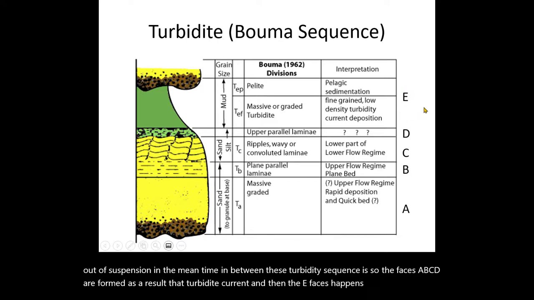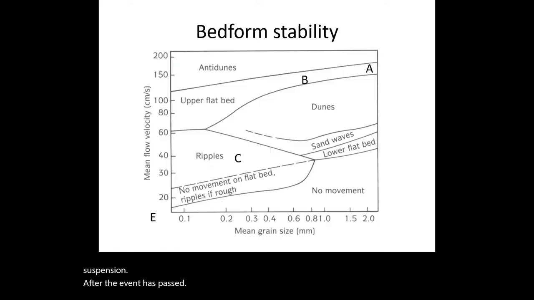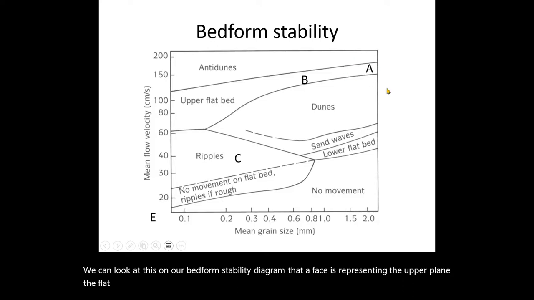We can look at this on our bedform stability diagram. That A facies representing the upper plane bed, in this upper flow regime, Froude number greater than 1. The B facies, again, representing upper plane bed deposition. And then the C facies, where we start to get ripples, moving into the subcritical flow.